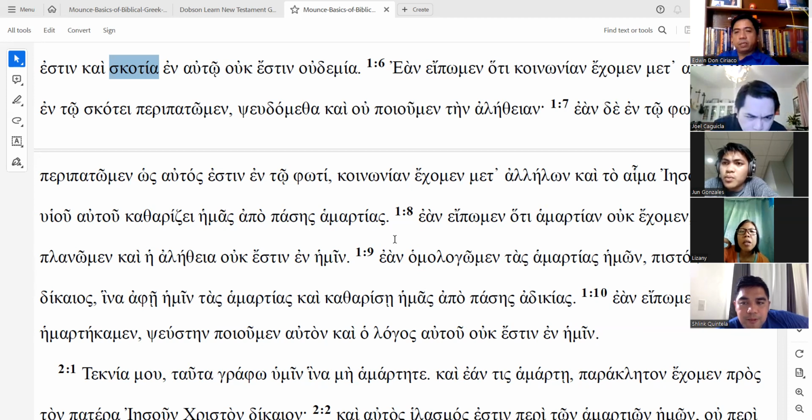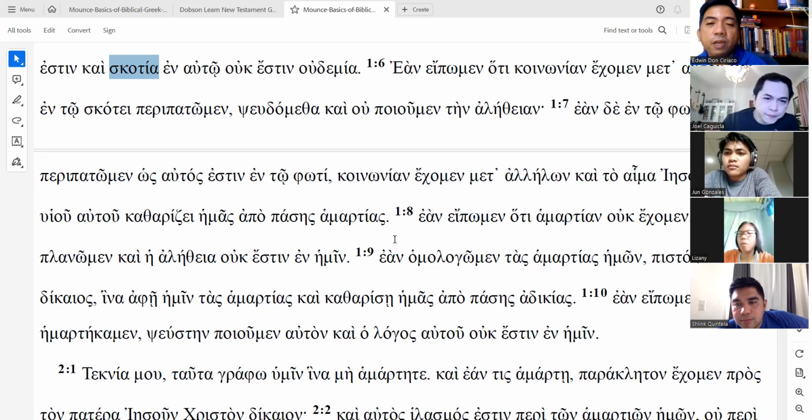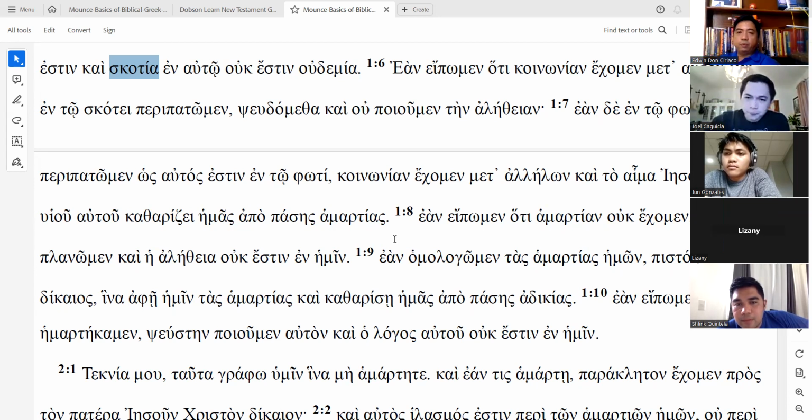So the translation of 1.7: if we walk in the light, literally, but in the light we walk, peripatomen, just as he is in the light, referring to Jesus, autos referring to he. Koinonian ecomen, we have fellowship with one another.